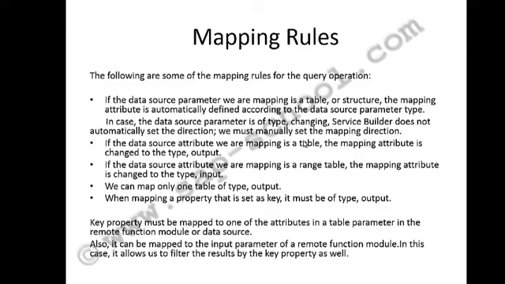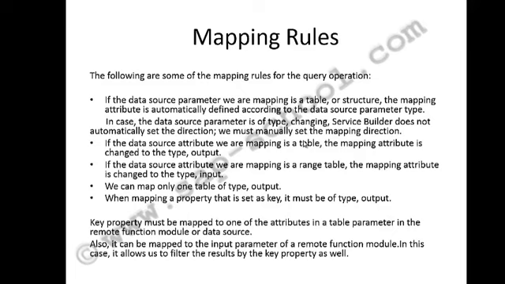If the data source parameter is of type changing, Service Builder does not automatically set the direction and we must manually set the mapping direction. If the data source attribute we are mapping is a table, the mapping attribute is changed to the type output. If it is a range table, the mapping attribute is changed to the type input, and we can only map one table of type output.